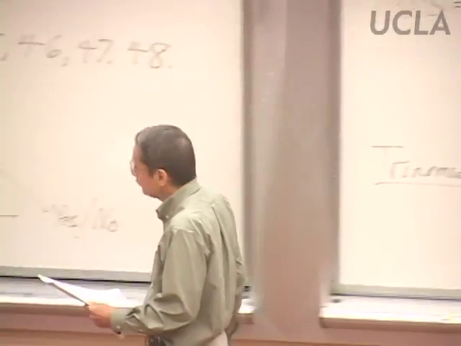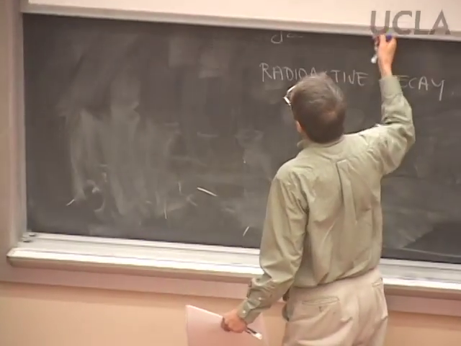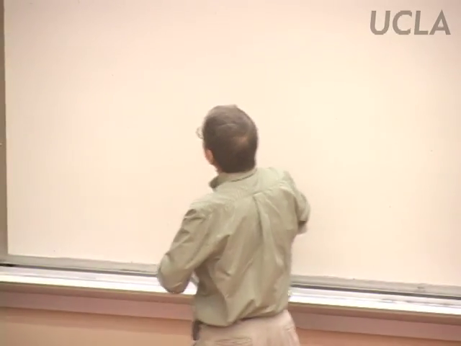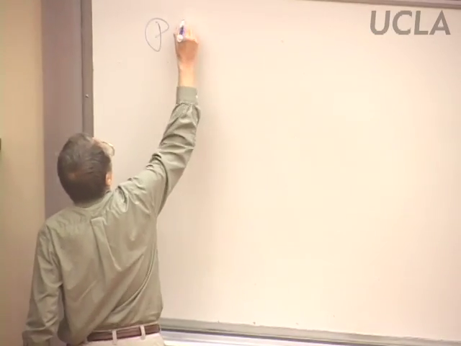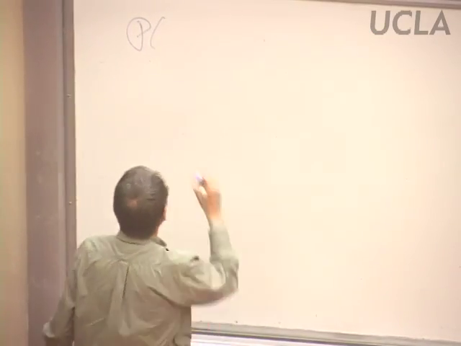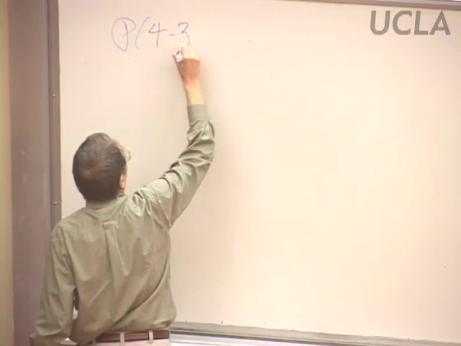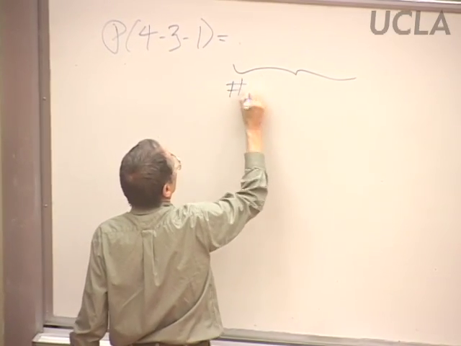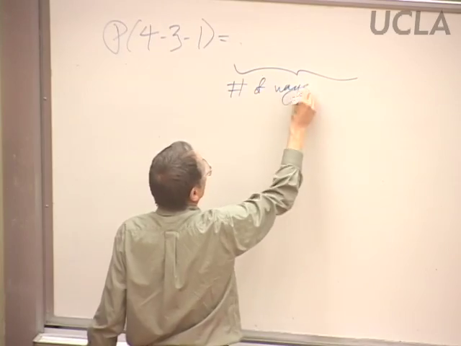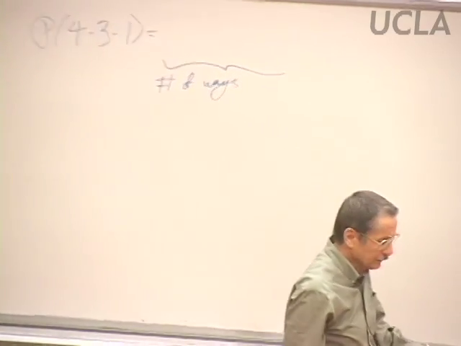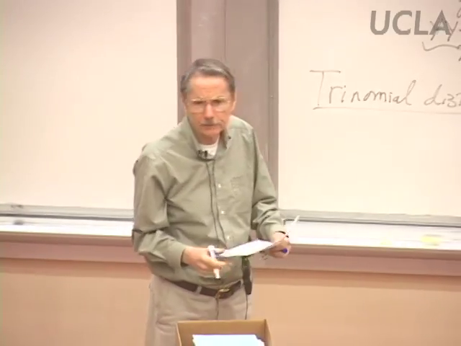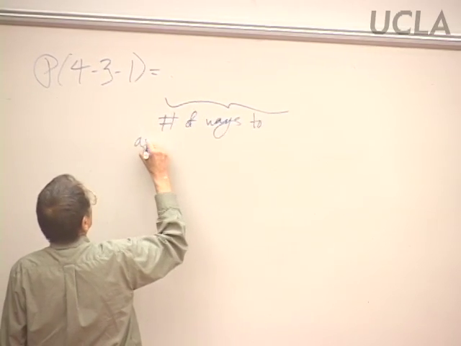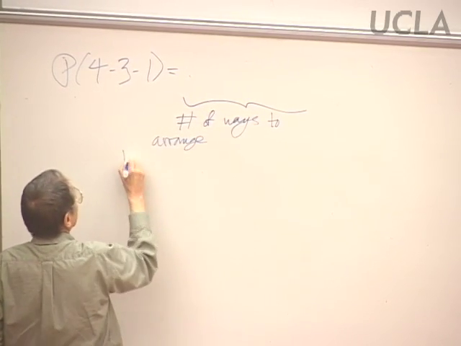Well, the probability that we'll get this 4-3-1 pattern. There are a bunch of outcomes that give us this 4-3-1 pattern, namely the different orderings, the number of ways to arrange it.